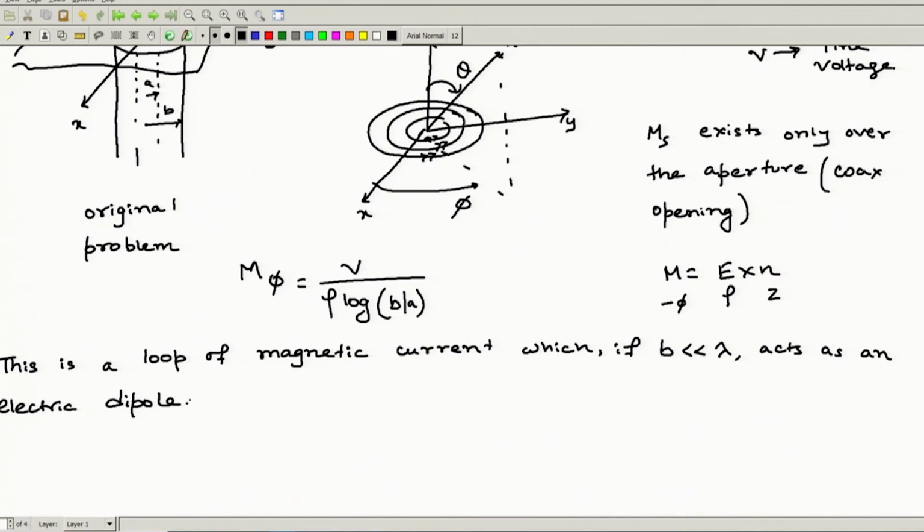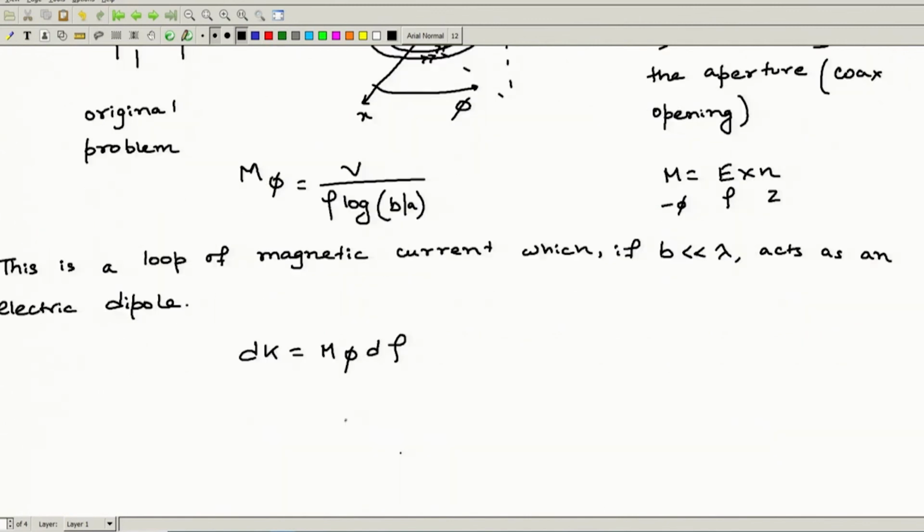Now this current is visualized as a continuous distribution of magnetic current filaments, in which the strength we can write as dk is M phi d rho.